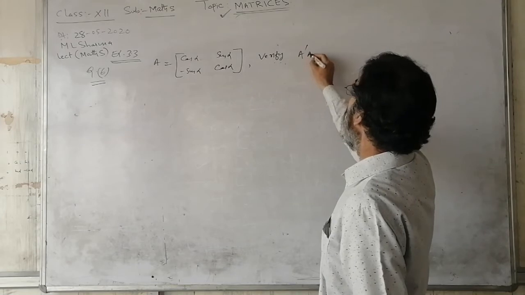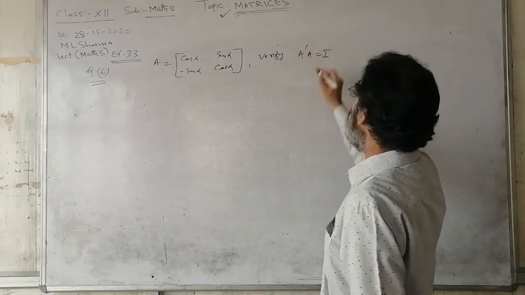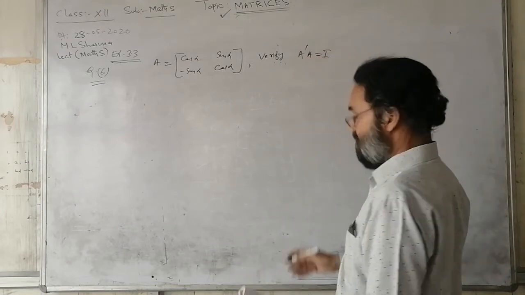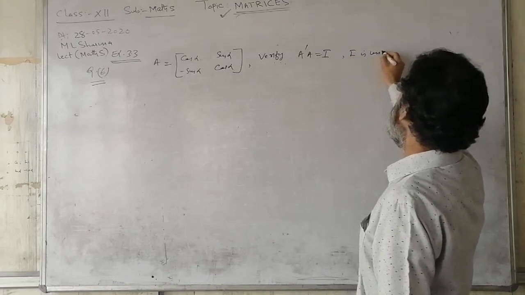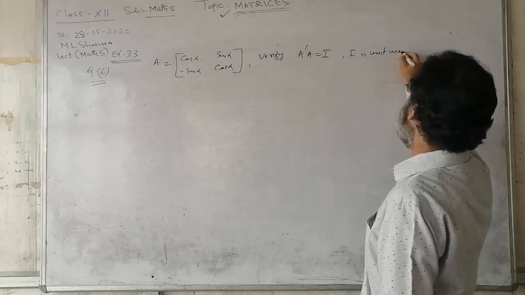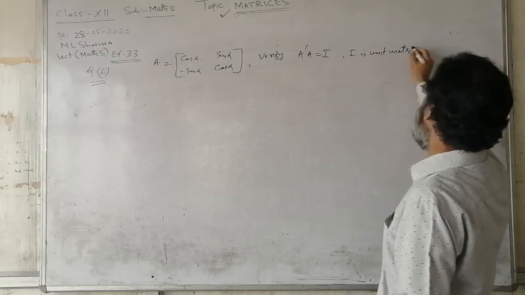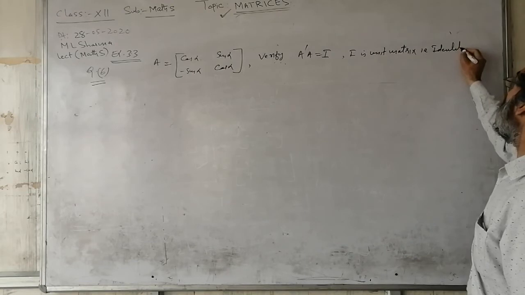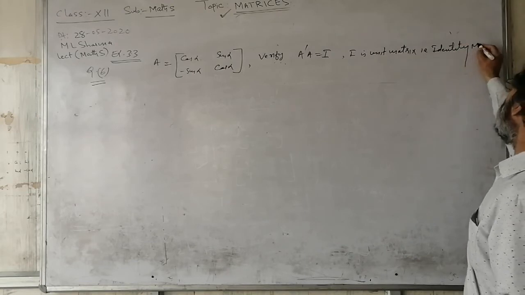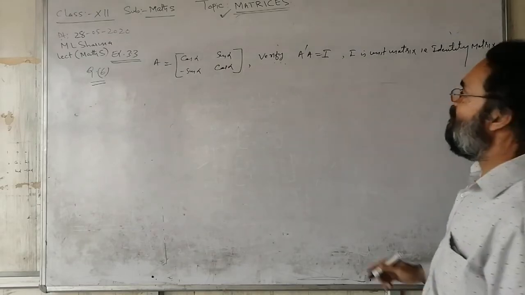A transpose into A is I, where I is a unit matrix, the identity matrix. So it is a 2 by 2 matrix.